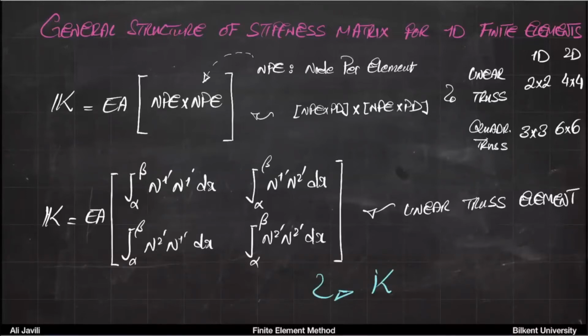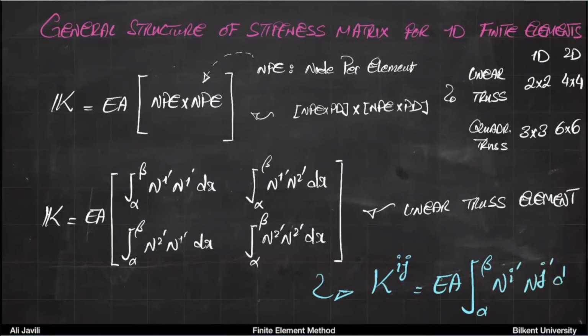I can say that every component ij of that stiffness matrix K is EA integral from alpha to beta Ni prime and Nj prime dx. Okay. So this obviously holds in this picture.